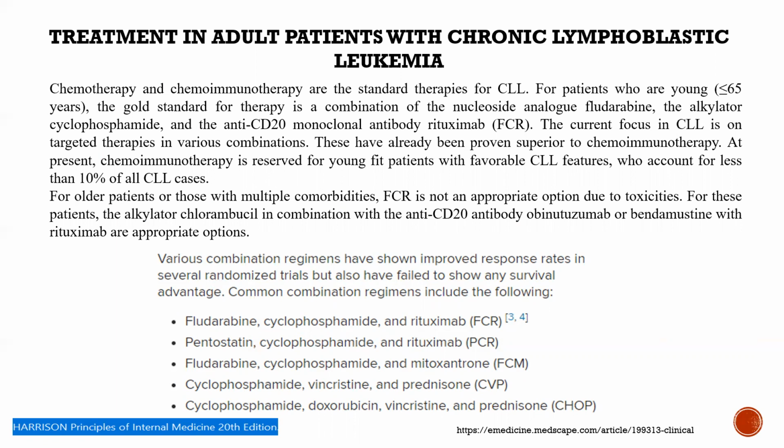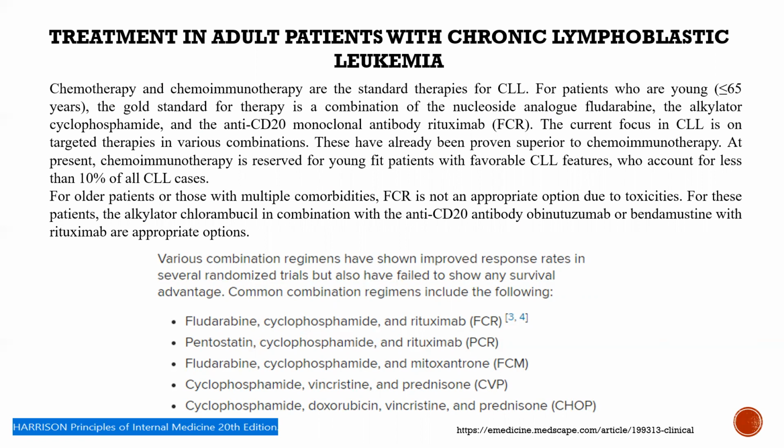For older patients or those with multiple comorbidities, fludarabine is not an appropriate option due to toxicity. For these patients, the alkylator chlorambucil in combination with the anti-CD20 antibody obinutuzumab, and bendamustine with rituximab, are appropriate options.